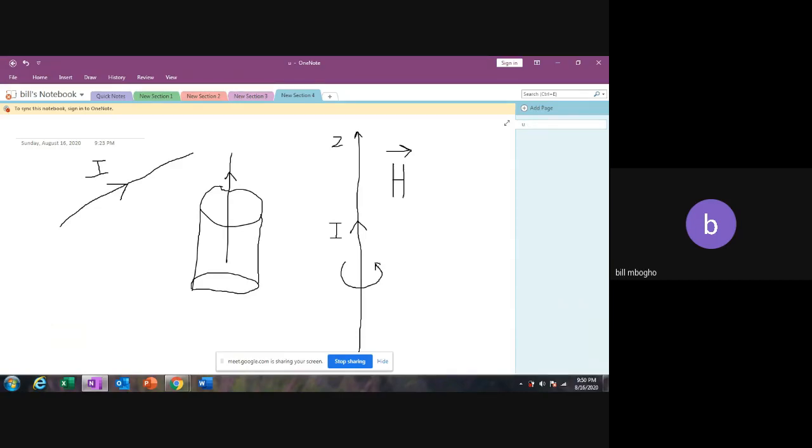You all remember that from right hand grip, I hope? So from right hand grip, this gives us the direction of H. As you can see, H is going like that. So that's why the direction of H is in the A phi direction.